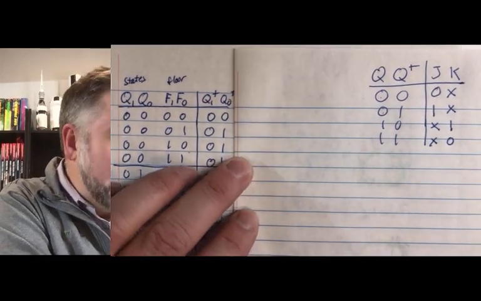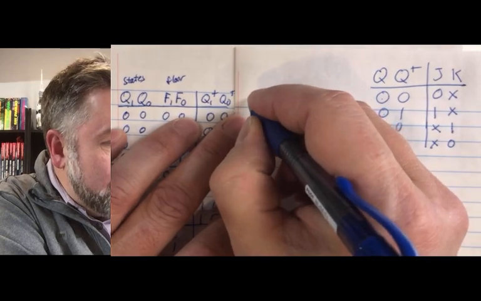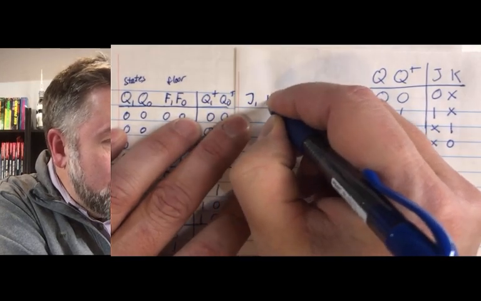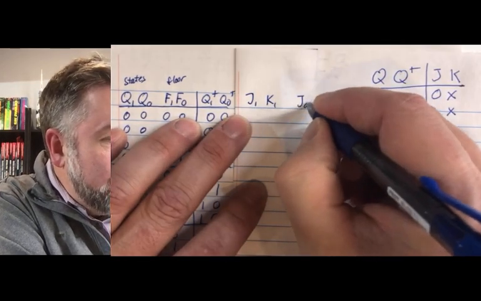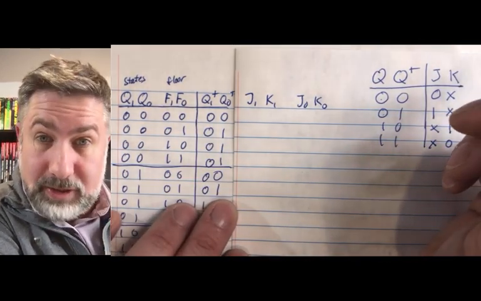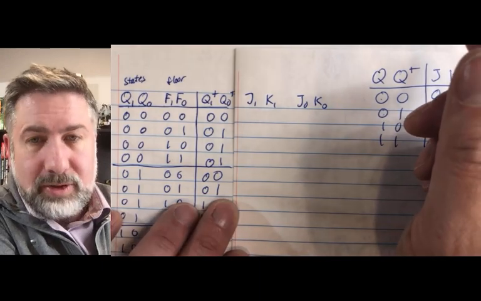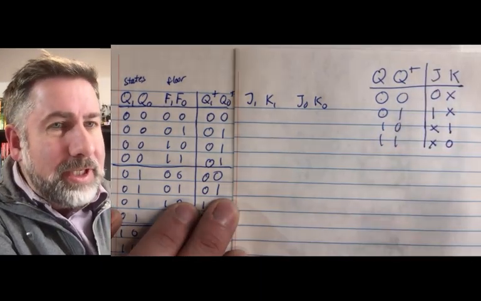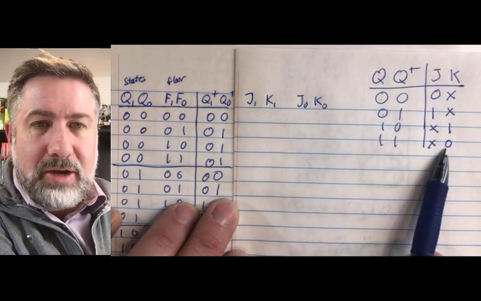So now, if I say I want to figure out what J1 and K1 should be, and J0 and K0, you can see already I'm going to need 4 functions. So it's going to be twice the work, twice as many K-maps, but the K-maps are going to be full of don't cares. We'll see how this works.